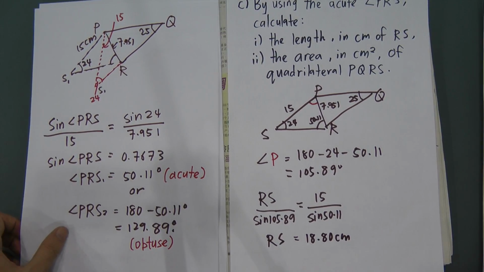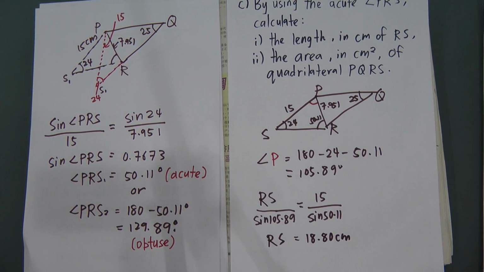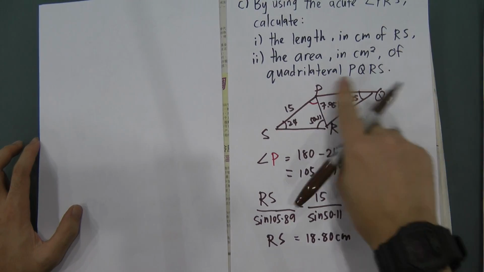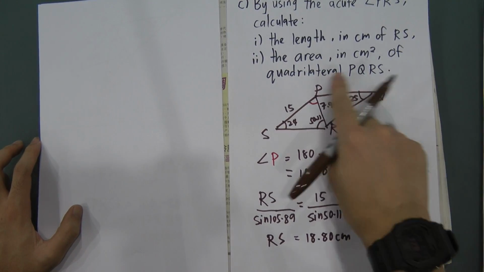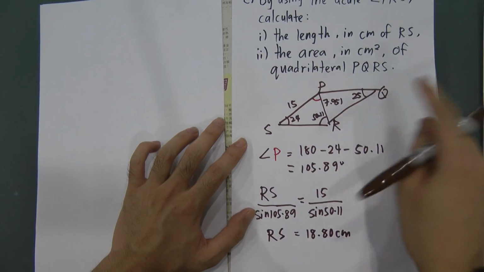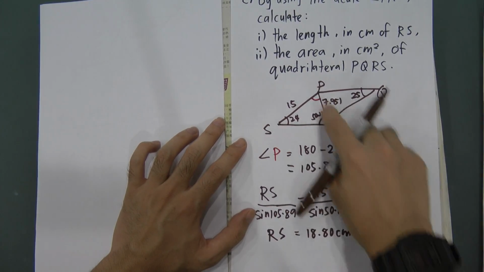So when you've done this part, you only have the last part left. The last part is very simple. He asks you to calculate the area of the quadrilateral PQRS. So you just use this triangle plus this triangle.